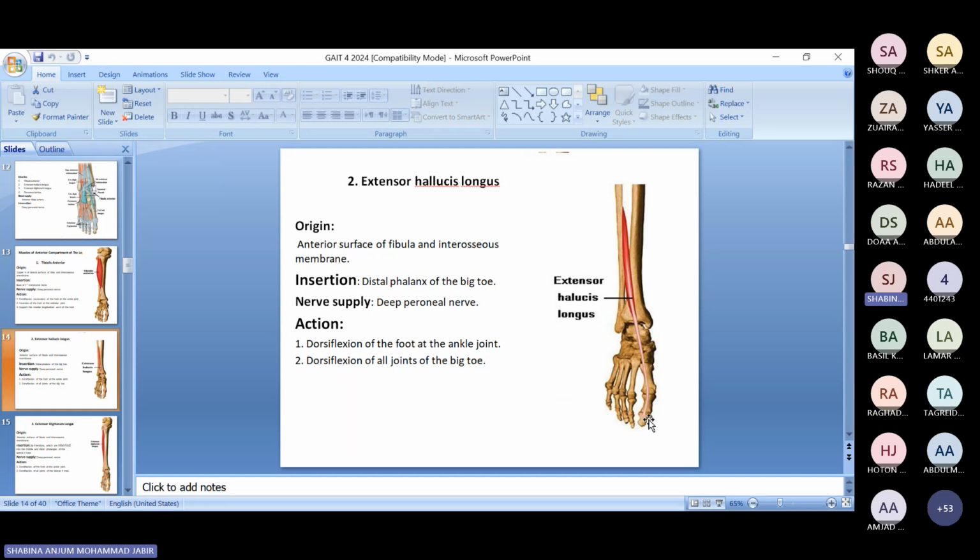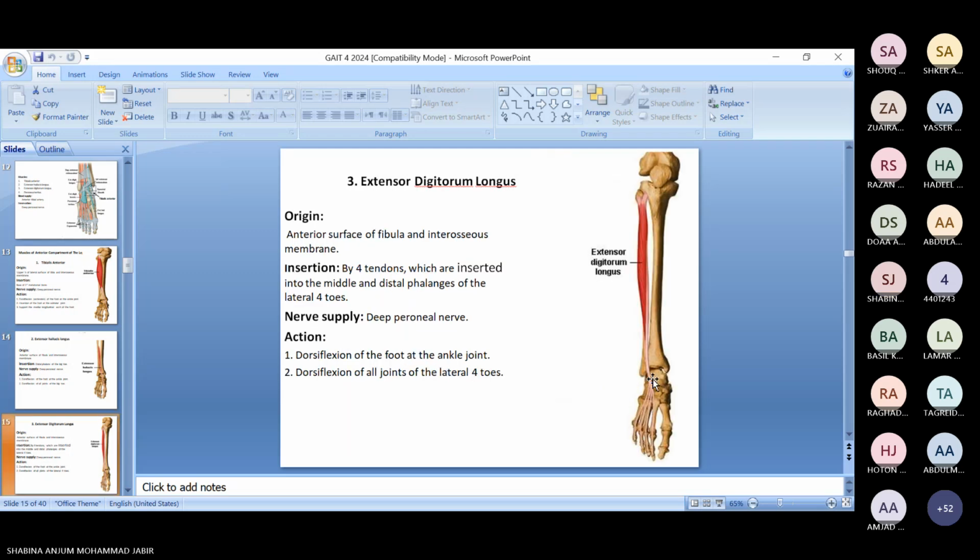Now you can imagine it is crossing the ankle joint as well as the joints of the big toe. So it is going to do dorsiflexion at all these joints: dorsiflexion at the ankle joint as well as dorsiflexion of the big toe.